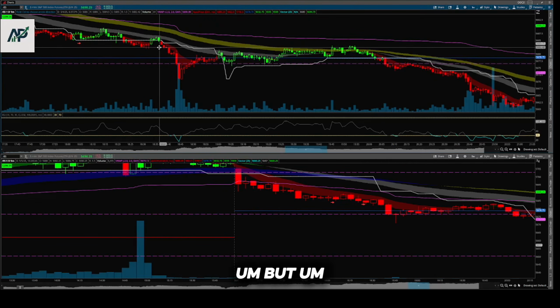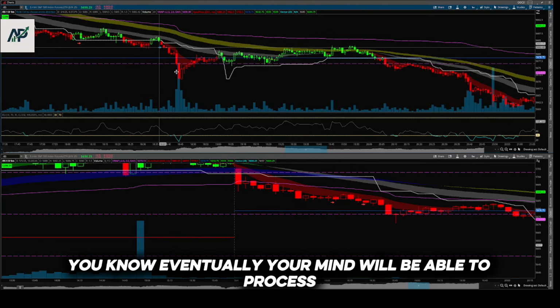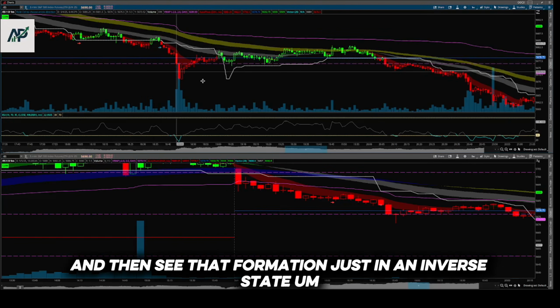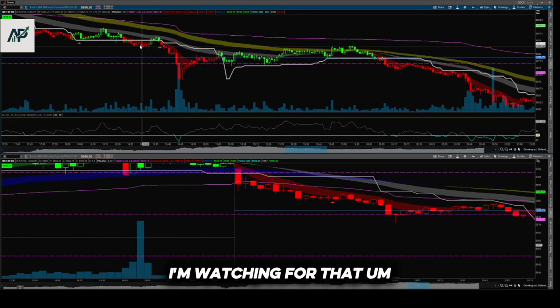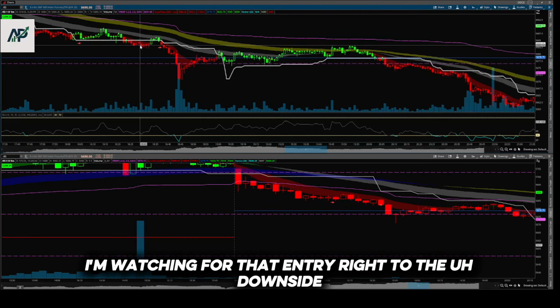But eventually your mind will be able to process and see that formation in an inverse state. So as we broke through, I'm watching for that entry to the downside.